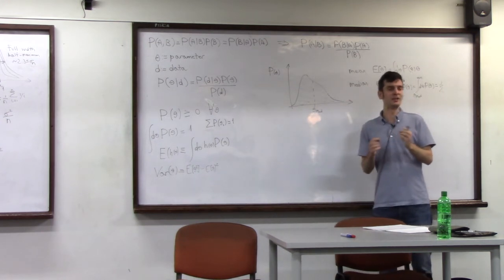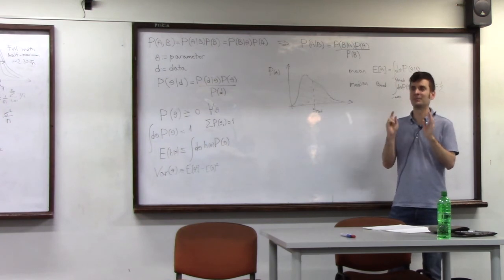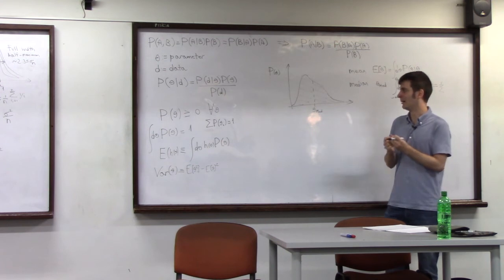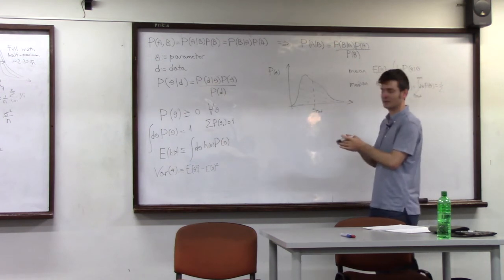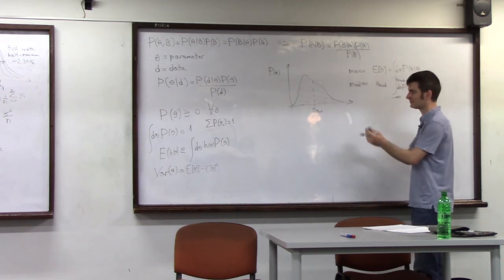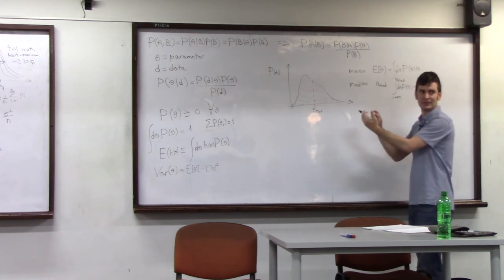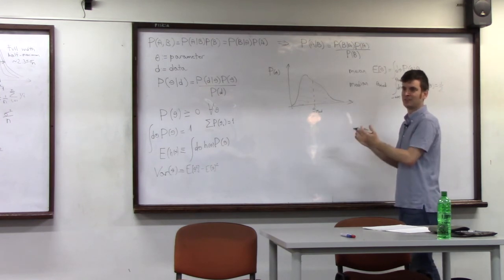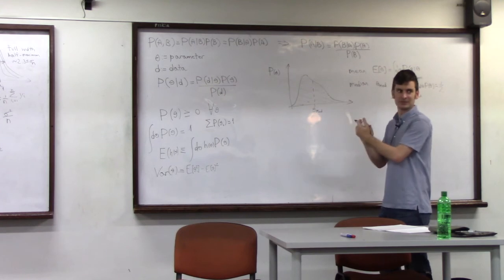So, for instance, I'm interested in giving a credible region estimate. I want to tell you the range of values for which there's a 90% chance that the truth lies.